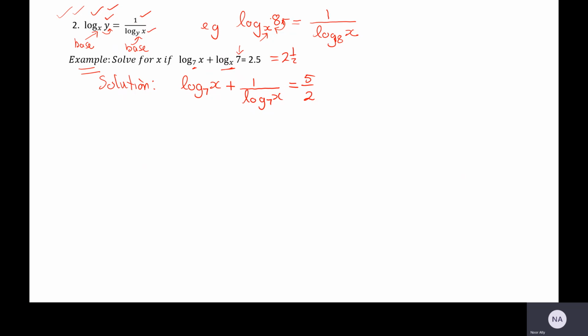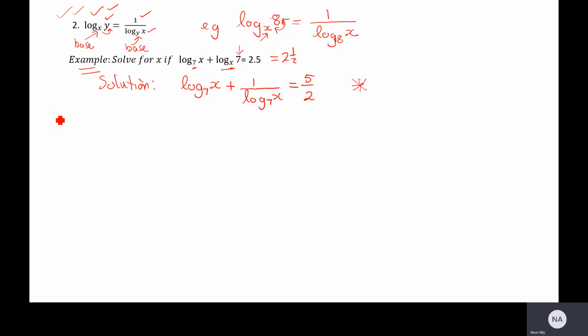We could solve it as it is, but maybe let's make it a little easier. What do you think? What could I do to make this equation a little easier to solve? Because I need to multiply by the LCD, 2 log x to the base 7 may become a little complicated.